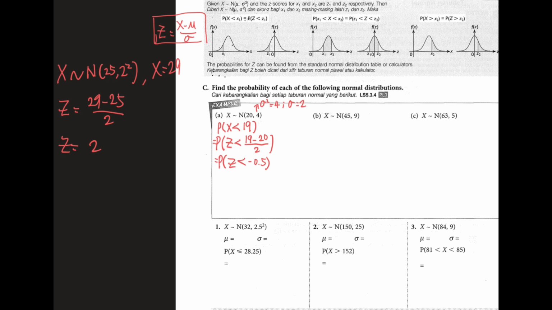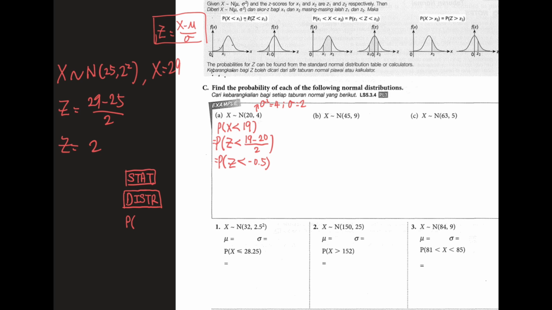First of all, you press STAT, and then you choose Distribution. After that, you will see P, Q, R. You have to choose P.